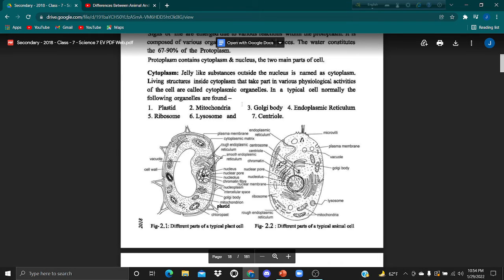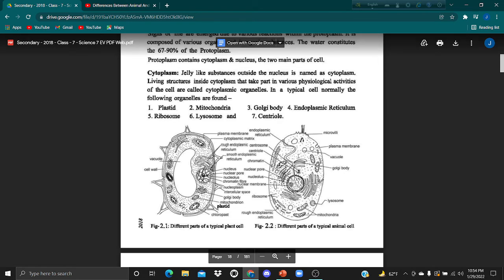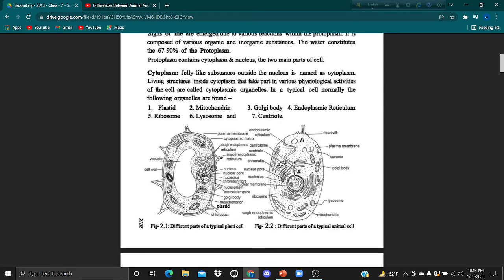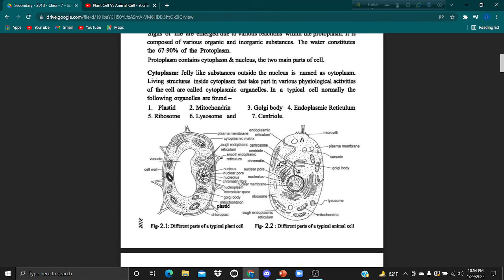in our textbook, we can see the difference. We can see the two cells diagram. This is a plant cell and this is the typical animal cell. We can see the nucleus in a plant cell near the cell membrane because there is a huge vacuole. But in an animal cell, we can see the nucleus at the center of the cell.